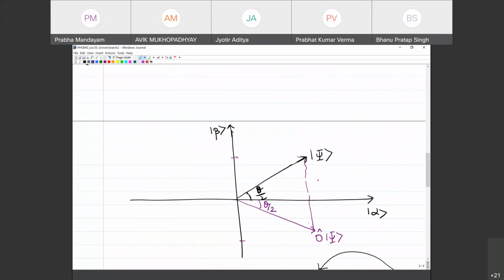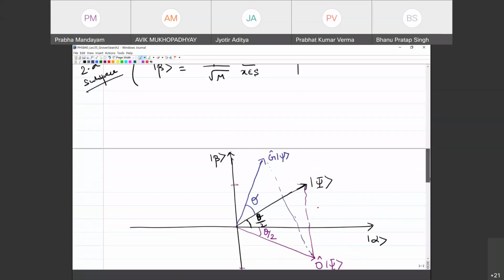So this then takes us somewhere here, right? And what is this angle? This angle has to be theta, correct? So this now is the final state with the entire Grover iterate acting on psi, right?